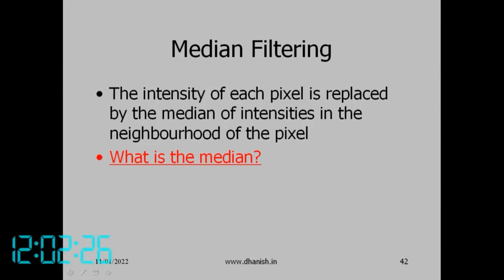If the number of values is even, we say it is the midpoint between the middle two. So 4 and 5 are the middle, and midway between them is 4.5. So 4.5 is the median of 3, 4, 5, 6. So for each neighborhood, you list out the values, take the median, and replace the pixel.